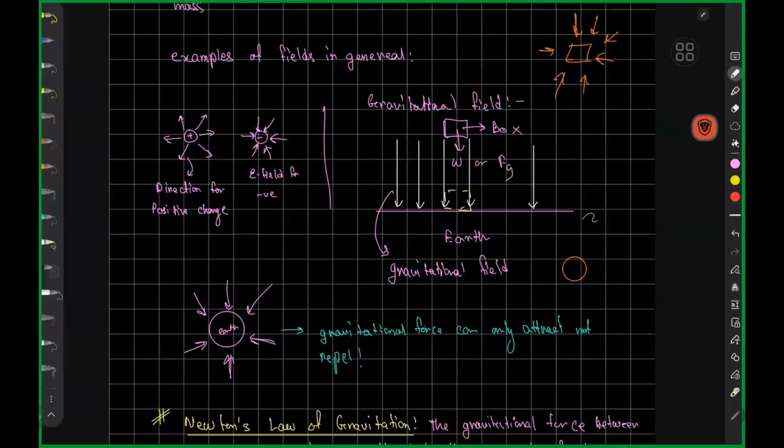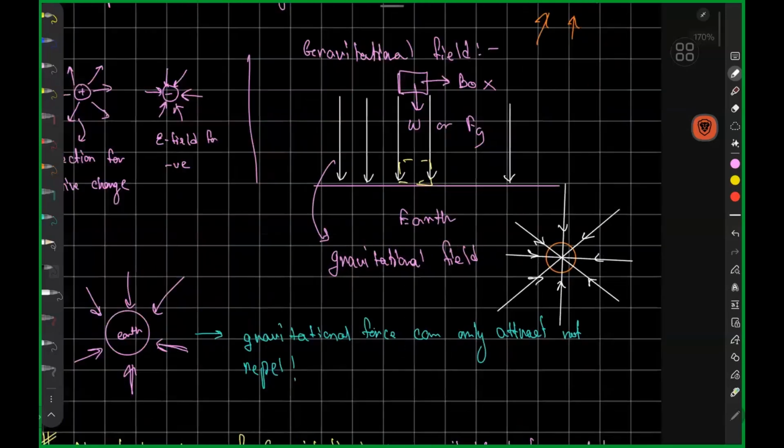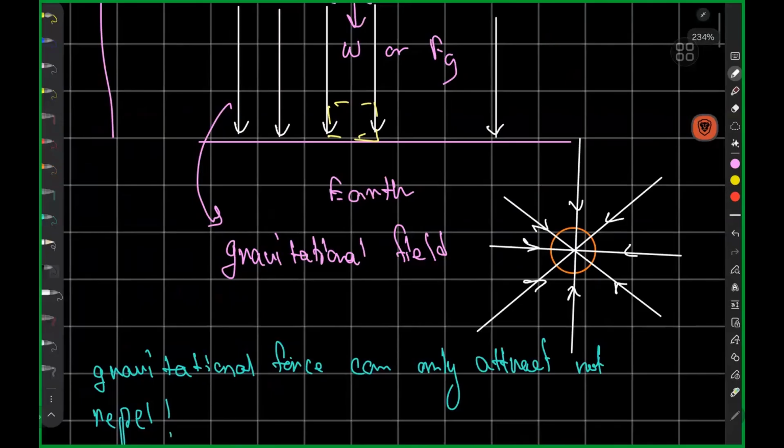The field lines always travel through the center of the Earth, always through the center of the Earth. And you will see why. So notice something. These are the field lines, right? Now look, these field lines are pointing where?